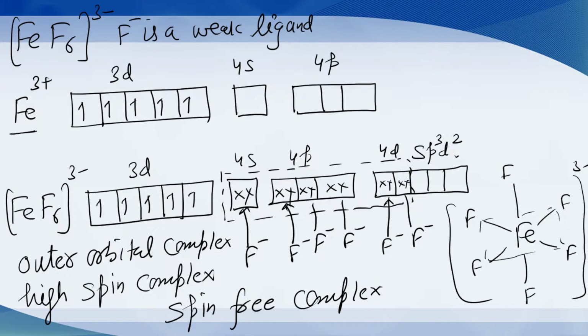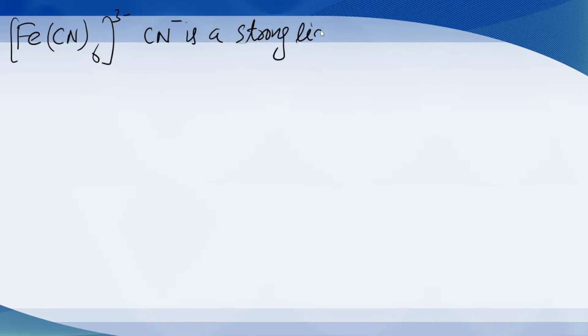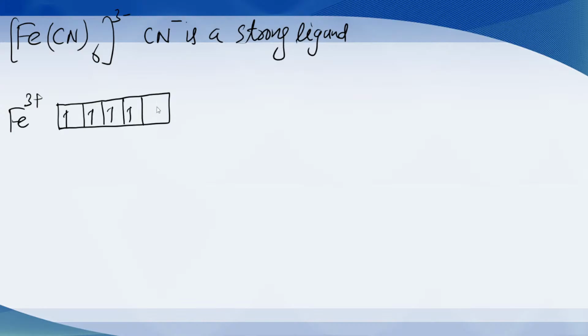But now come to Fe(CN)6 3 negative. In Fe(CN)6 3 negative, cyanide is a strong ligand. So again Fe3 plus: in 3d there are 5 electrons, and in 4s and 4p there is no electron.